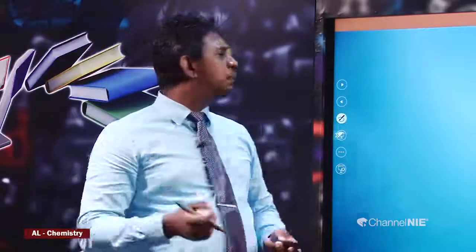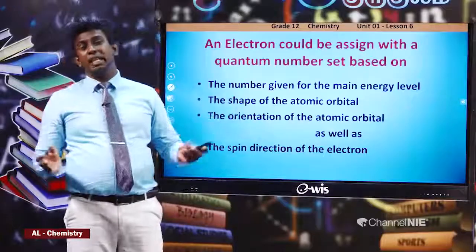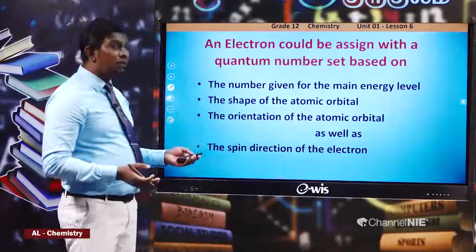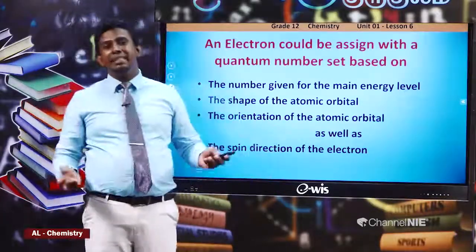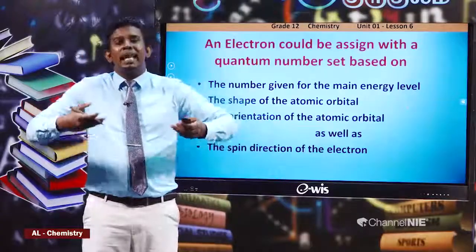Regarding the positions they have inside the atom, there is the shell, the subshell, the atomic orbital, as well as the spin direction. Using these various positions and the direction you find for an electron inside the atom, we could give an identity. We call it giving a quantum number set.